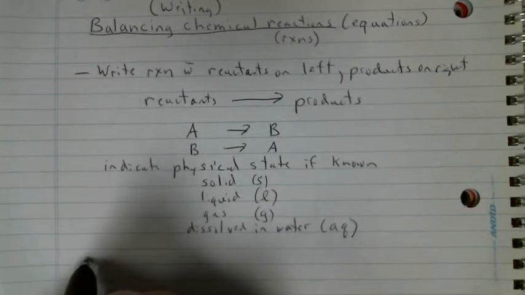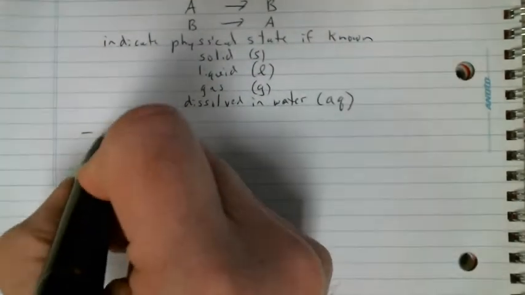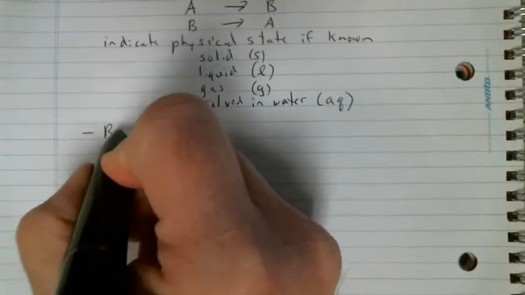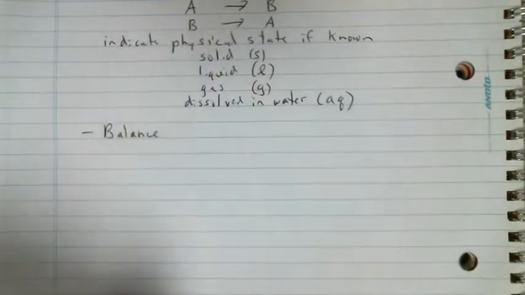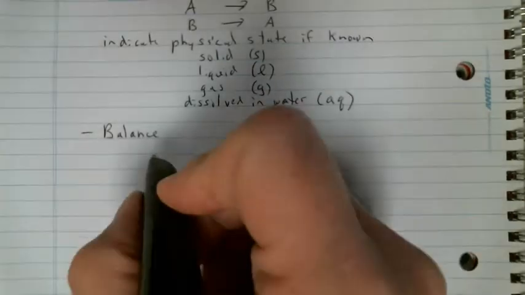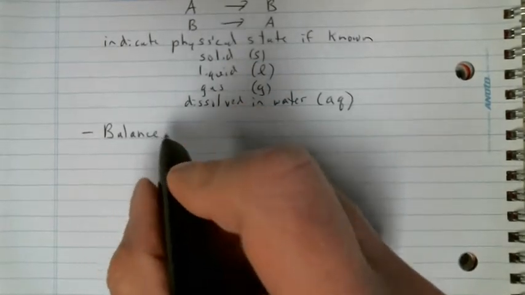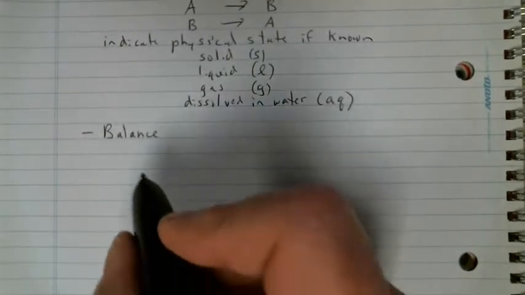And then this is the by inspection part. It's a mathematical statement, and so we have to have mass balance, right? The law of conservation of matter.